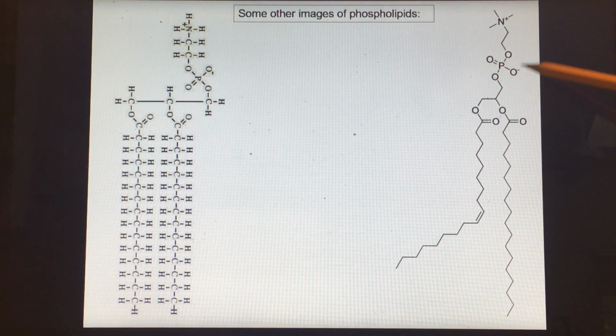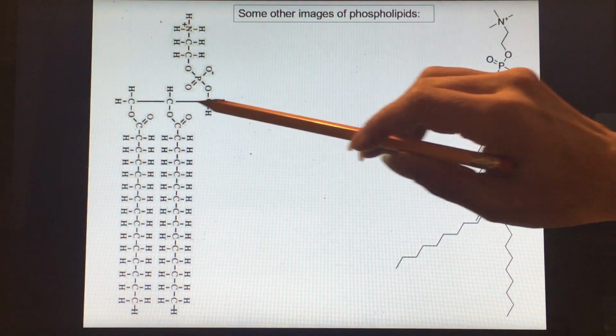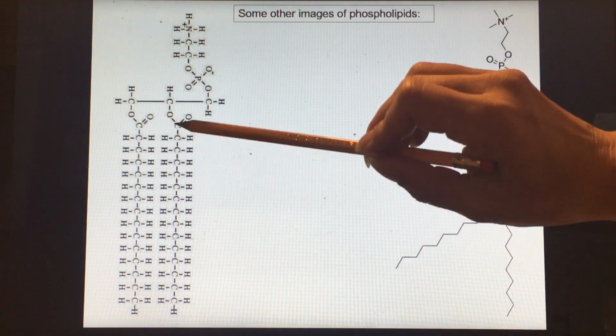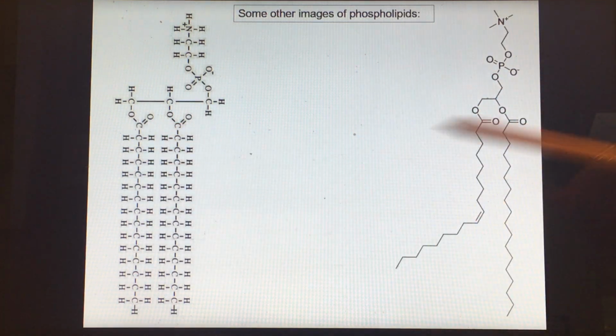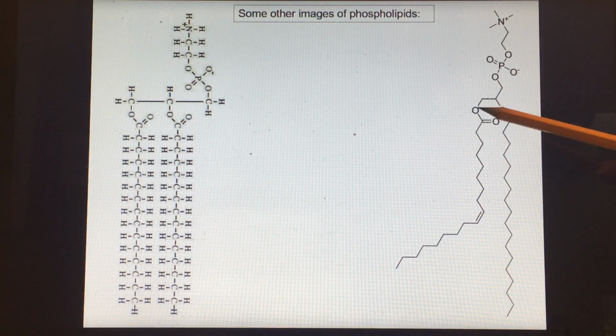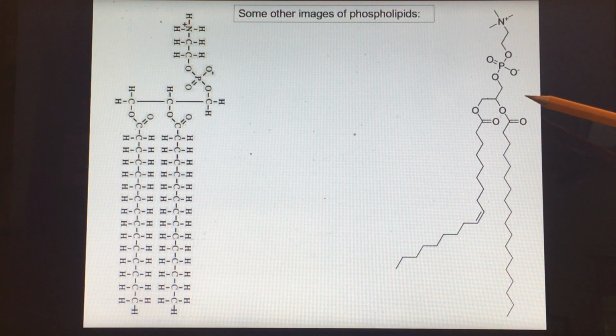So here we have our phosphate group and our 2 fatty acid tails, and here is our glycerol. It's actually bent, and in here it's drawn straight. This is more accurate in terms of the shape of the molecule. Now, one of the things you'll notice is that this molecule is showing you all of the carbons and hydrogens. This molecule is really the way an organic chemist might draw this for other organic chemists, because they know that there are hydrogens here, and they know that everywhere you have a bend here there would be a carbon, right?